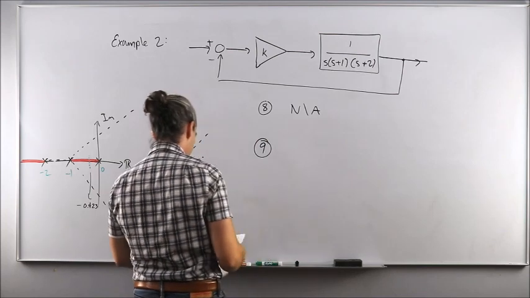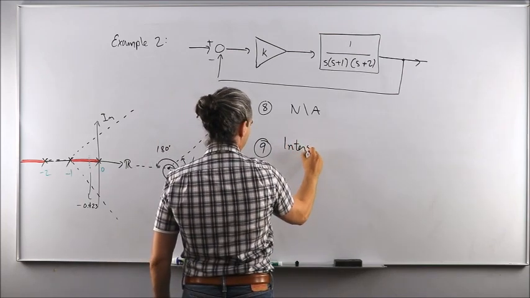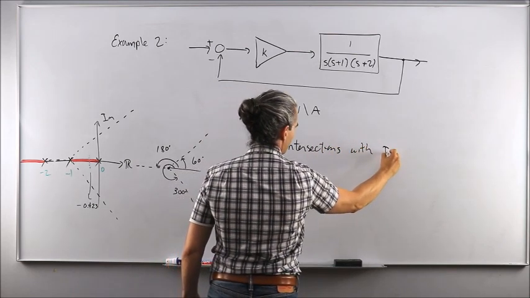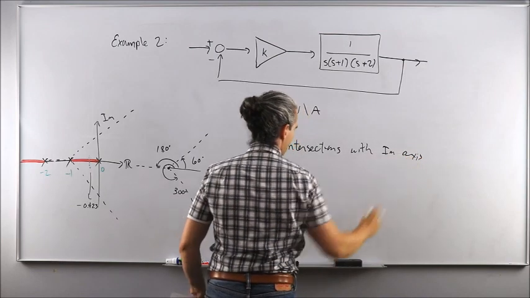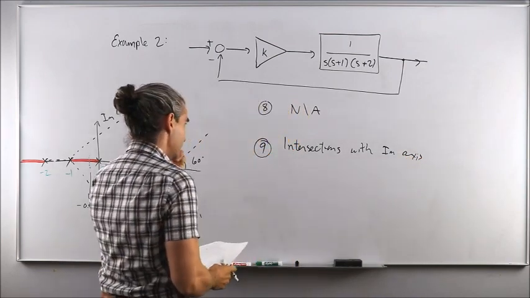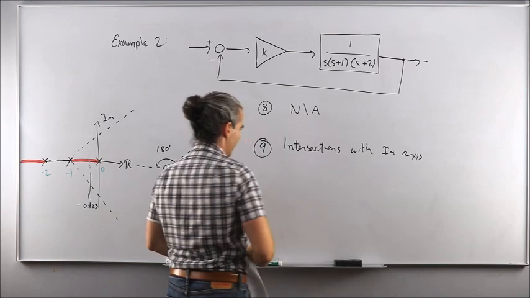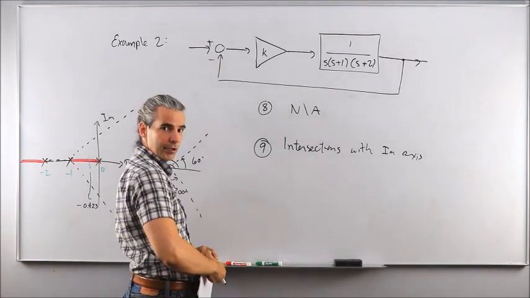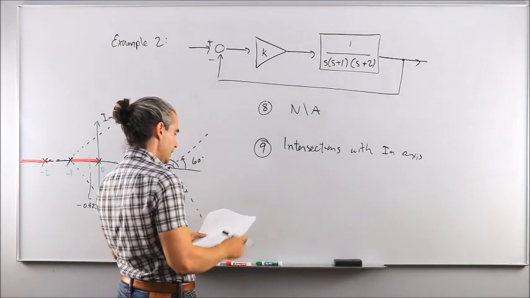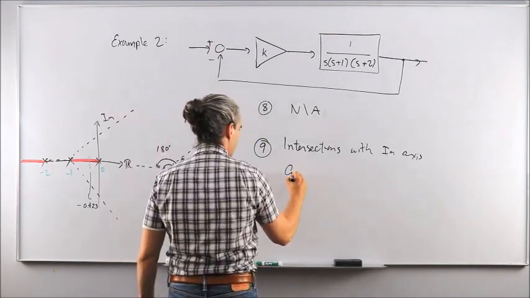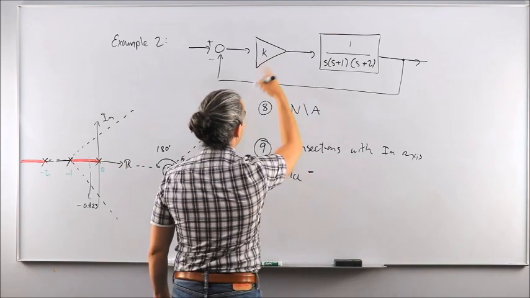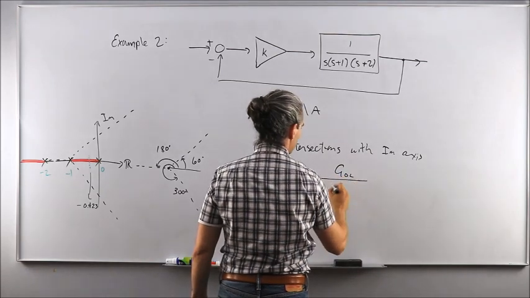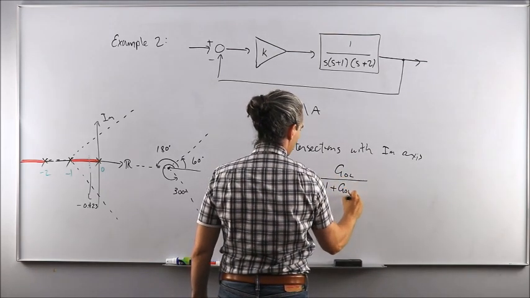Step 9, intersection with the imaginary axis. And this is where you need to think and not go too quick, because you would be tempted to just reuse the characteristic equation of the open loop transfer function, yet you need to play with the closed loop transfer function here. And in that specific feedback configuration, you should know by now that closed loop is equal to open loop over 1 plus open loop.